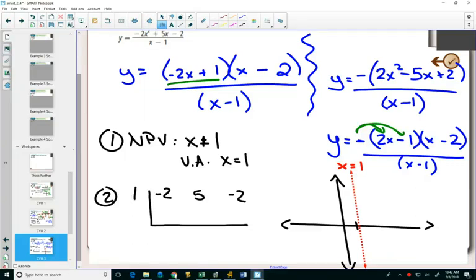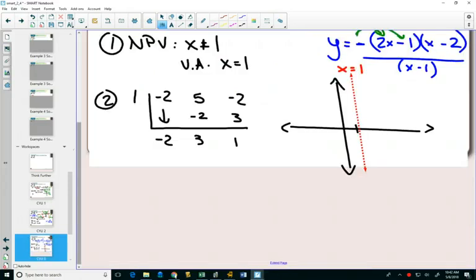So we put a positive 1 outside, bring down the negative 2, multiply and add, multiply and add. And so our equation of our oblique asymptote is negative 2x plus 3. Again, you don't need to worry about the remainder.